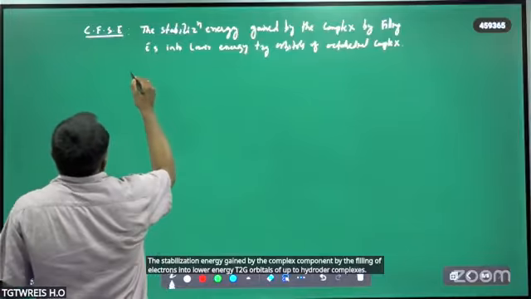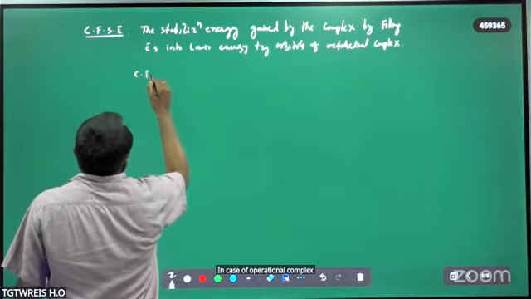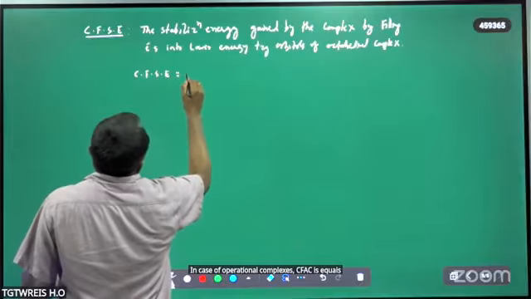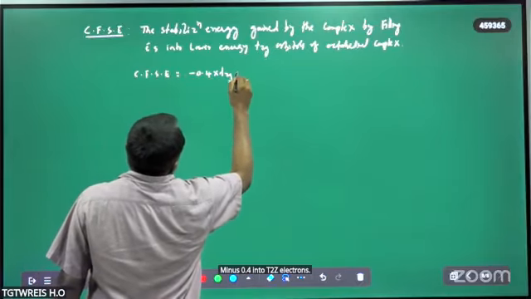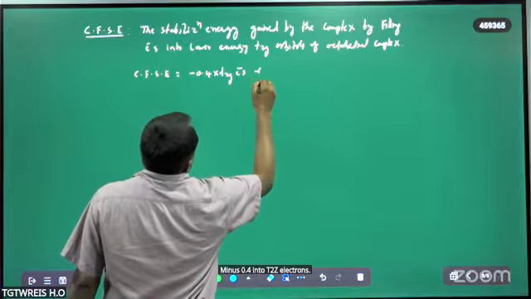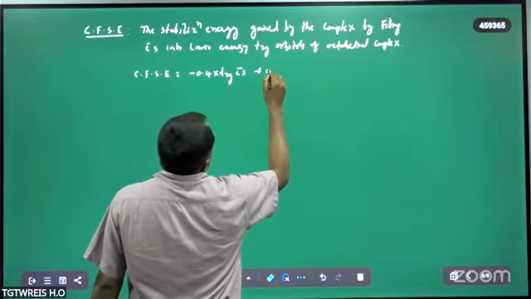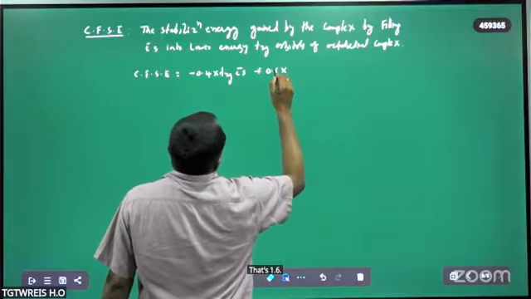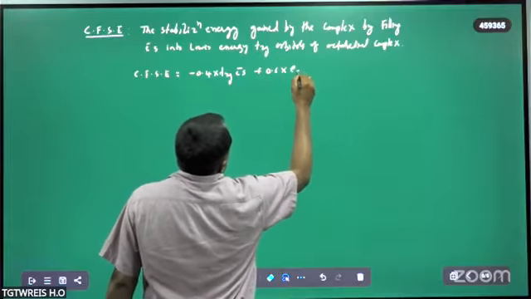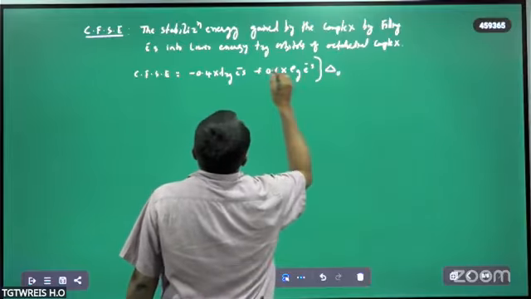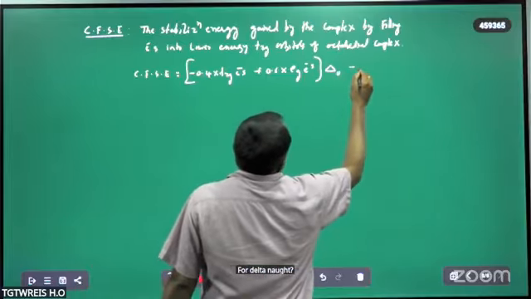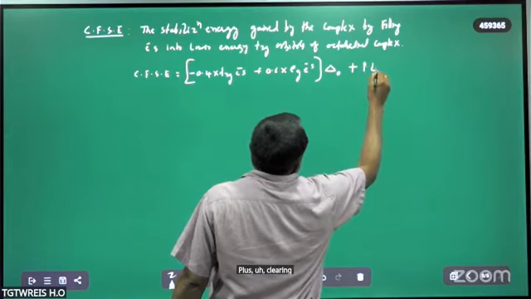So in the case of octahedral complexes, CFSE is equal to minus 0.4 into t2g electrons plus 0.6 into eg electrons, times delta naught, plus pairing energy. This is the pairing energy.